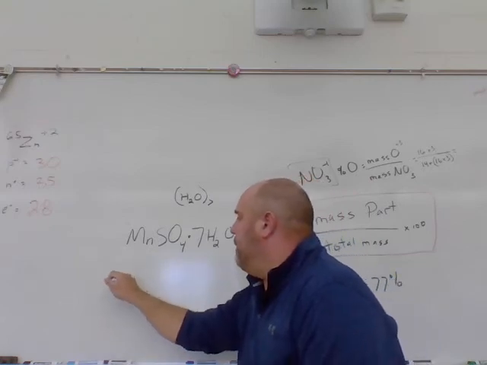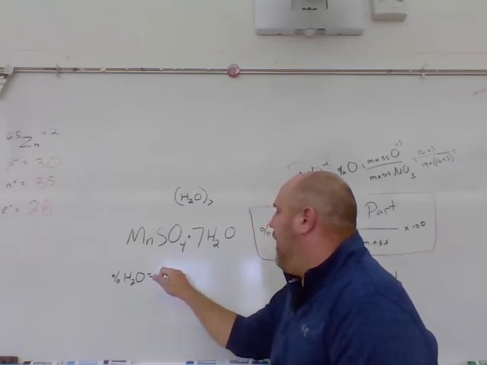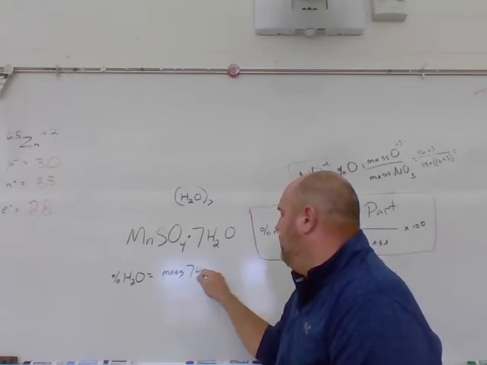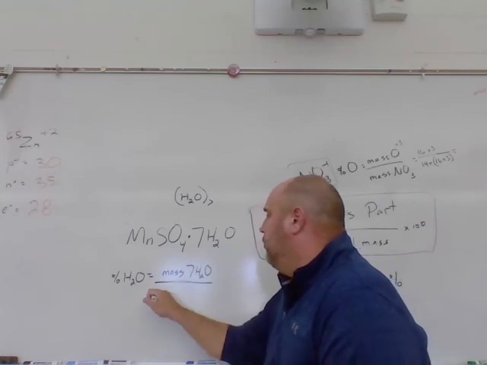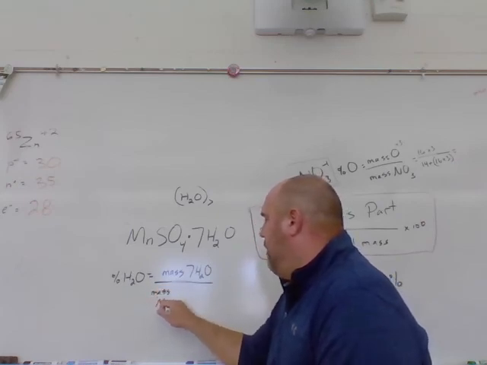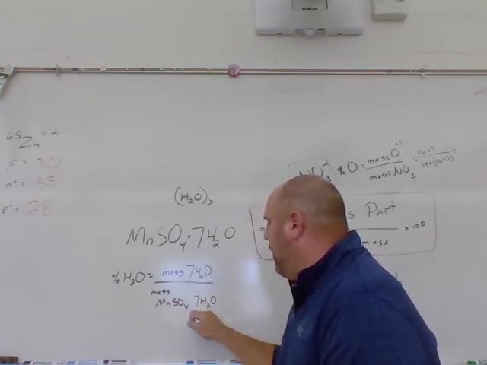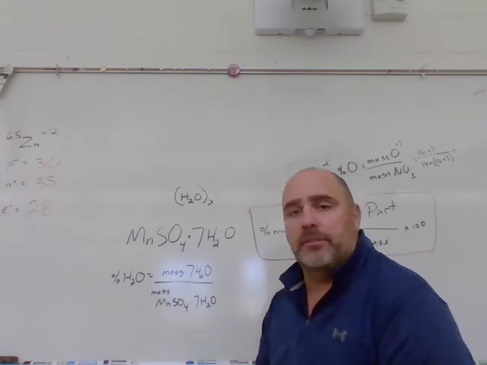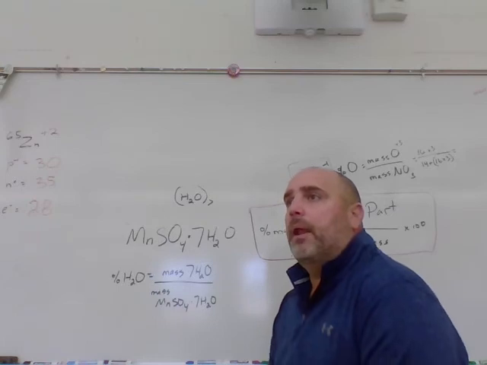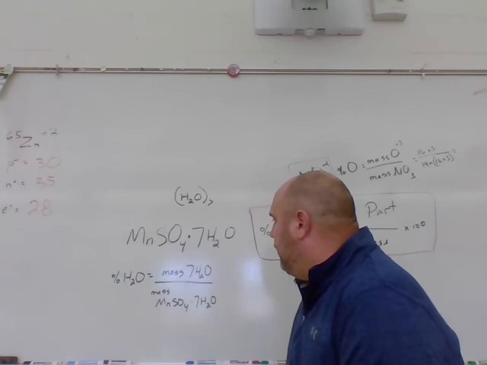If we wanted to know the percent water by mass, we would put the mass of 7 waters on the top. And what goes on the bottom? The mass of everything: the mass of Mn and S, 4 O's, and 7 waters. If we do this in the lab, you'll actually get grams and measurements with scales. But if we know the formula, we can use the periodic table.